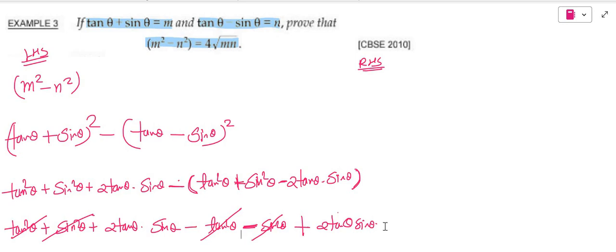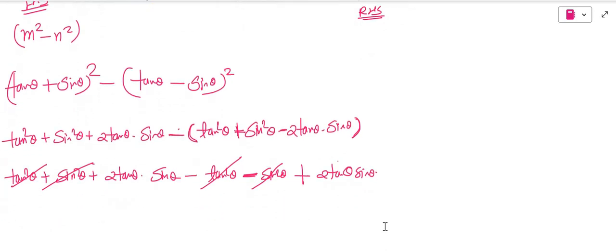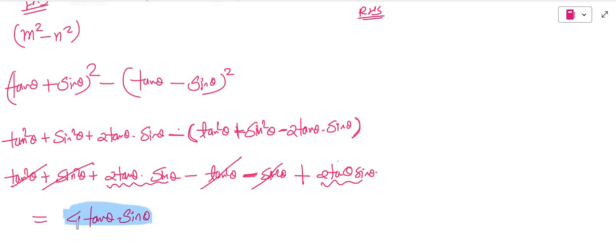So we are getting pretty much neat answer. So what we are getting, 2 tan theta sin theta and 2 tan theta sin theta. So I am getting 4 tan theta sin theta. This is my left hand side. Okay, my left hand side is ready.